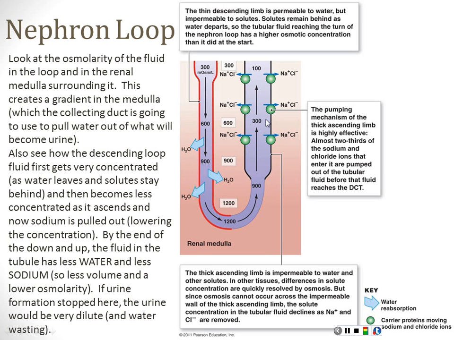Now, all told, if we look at this whole picture, we see that water has been recovered and salt has been recovered. Two things our body always needs, right? So it is a way to recover water and salt from the urine. Now, in addition, it's a way to create this gradient, which the collecting duct is going to pass through too. And I'll show you why that's important in a minute.